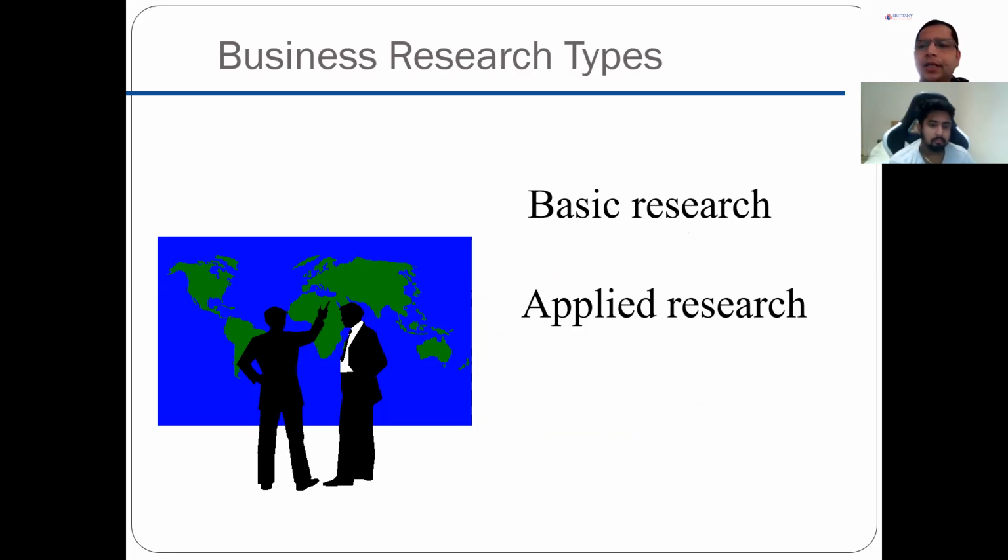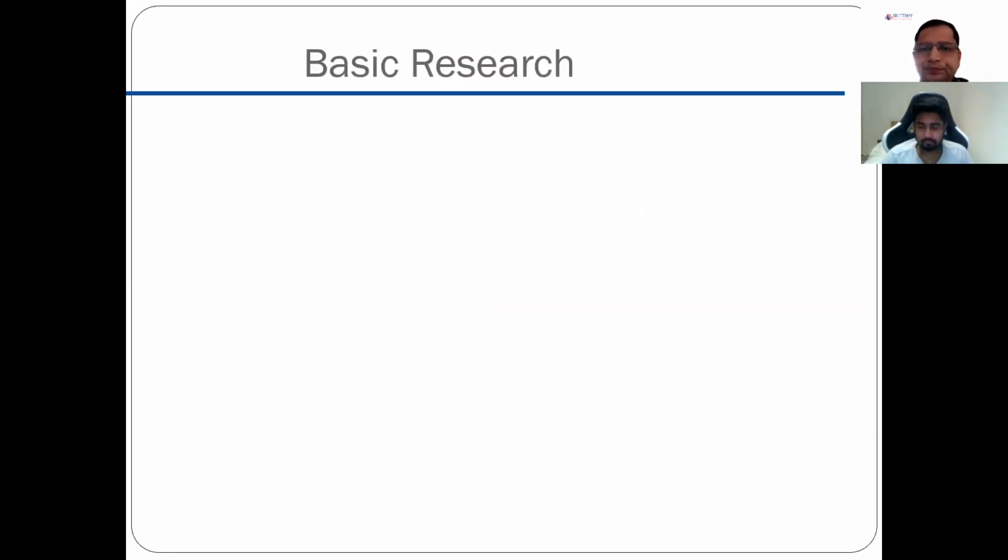Now, there is a classification of research, or different types of research. At the moment, we focus on two types of research, which we call basic research and applied research. Basic research mainly attempts to expand the limits of knowledge, which is a gradual process.